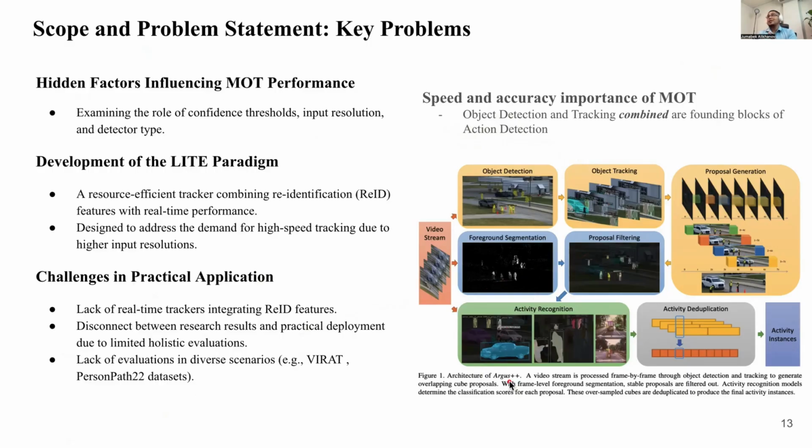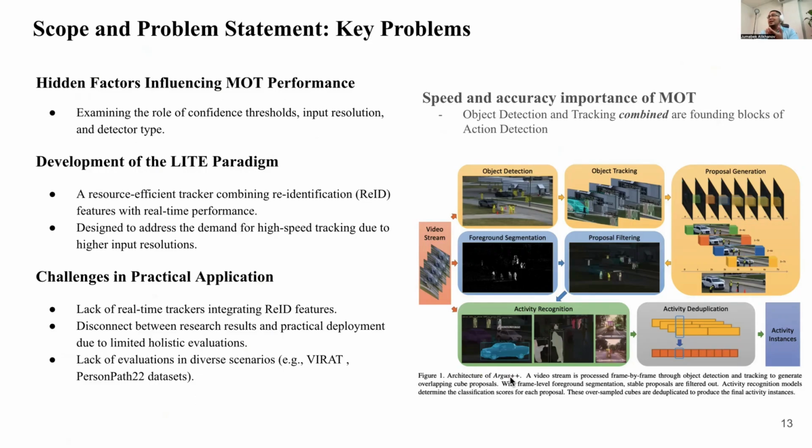Their job is to detect, for example, suspicious activities. Maybe a car drops some bag, or maybe 2 persons are fighting, maybe they are just walking, maybe somebody came to the perimeter of your building and is taking some pictures, acting suspiciously. So this is what Argus++ does. It will recognize actions, it will detect actions.